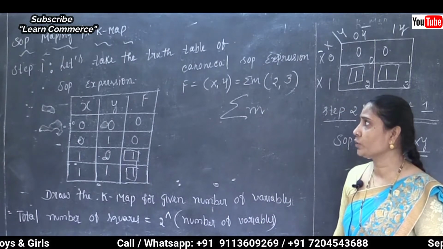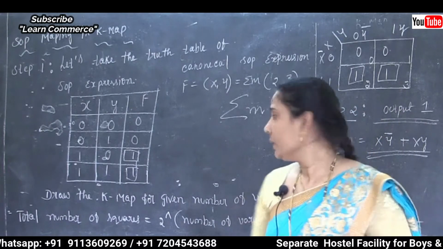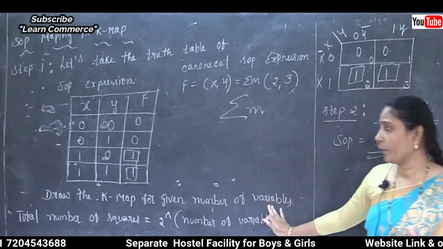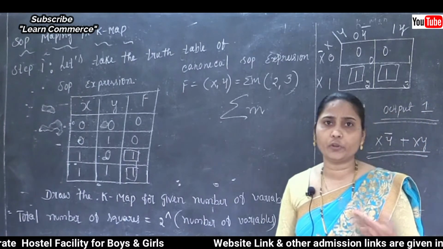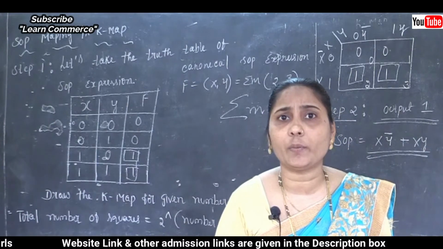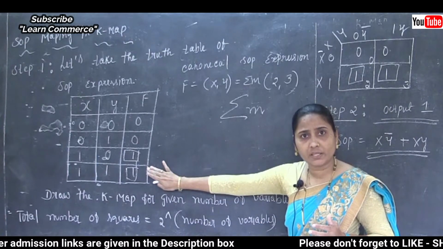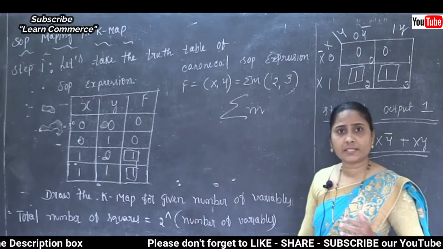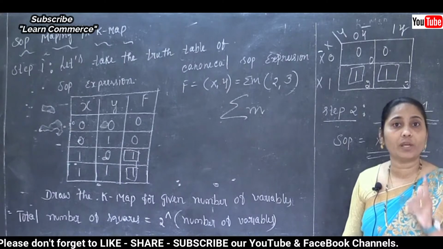Now I am going to take the next step: draw the K-map for a given number of variables. We know the meaning of the truth table and the K-map, and how to complete the truth table. After completing the truth table, in our next step we draw the K-map for a given number of variables.